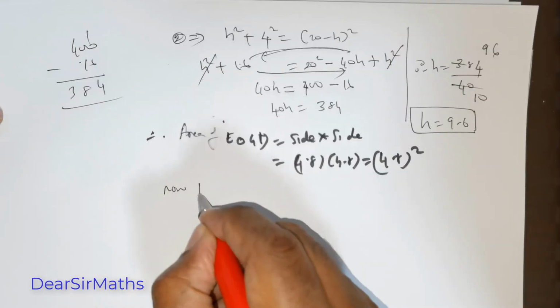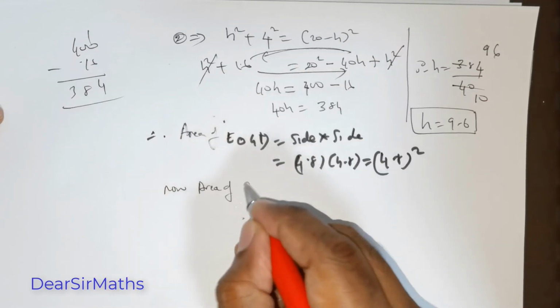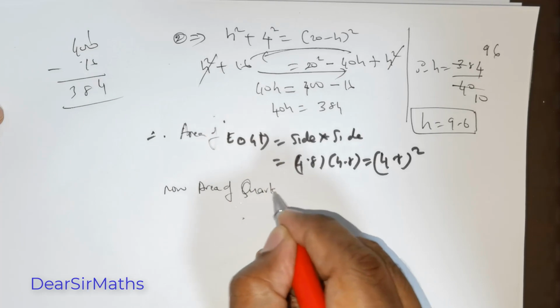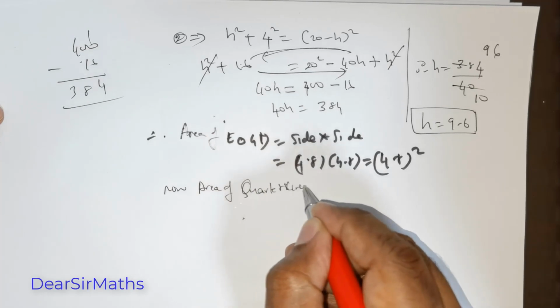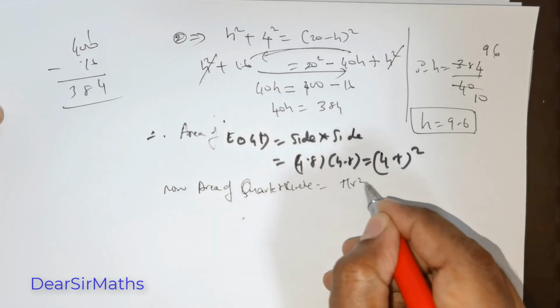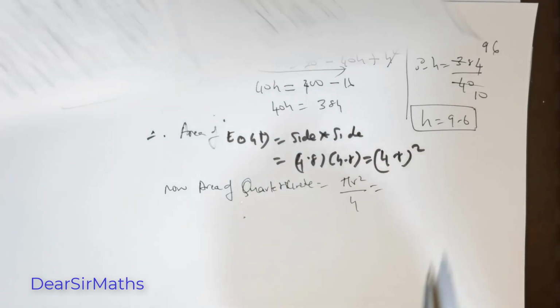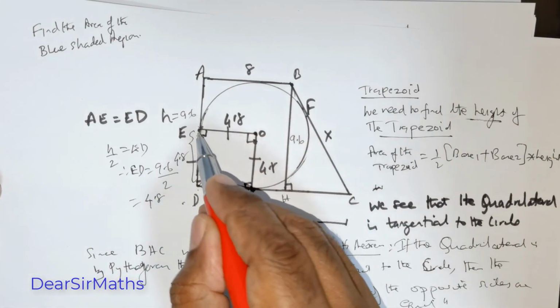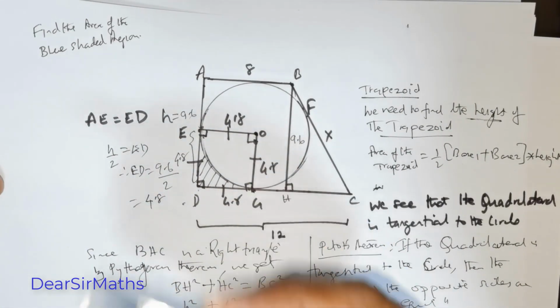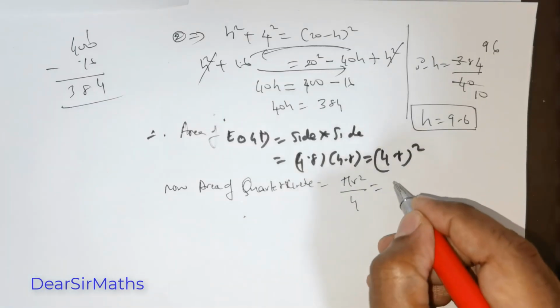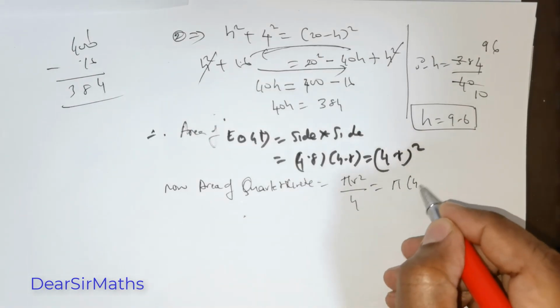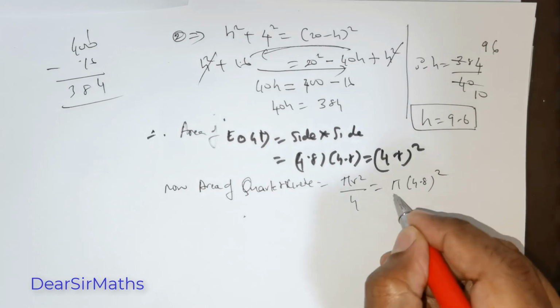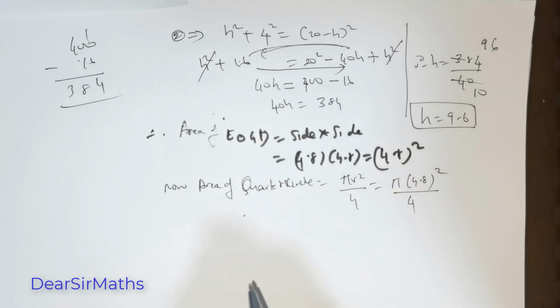Now area of quarter circle is equal to pi r square divided by 4. Now from the center to the tangent it's 4.8, so that's nothing but the radius, right? So you get pi times 4.8 raised to the power of 2 divided by 4.